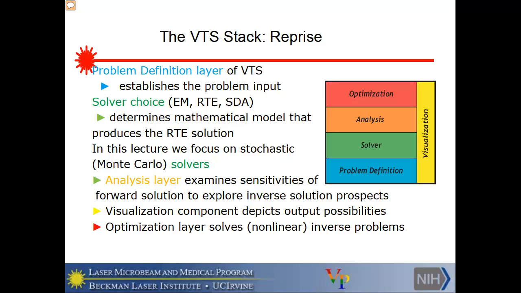The sensitivities, the rates of change of the output with respect to the parameters, are a way of understanding the prospects for solving certain inverse problems. So you will want to know how these derivatives inform the solution technique for the inverse problem.